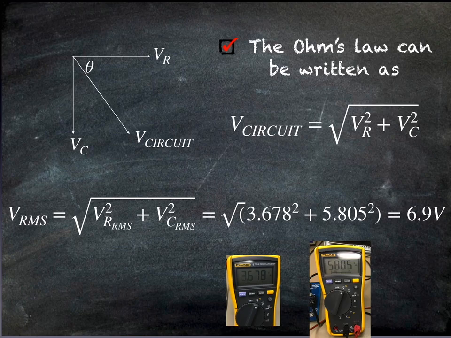VC is 5.8 volts, also in RMS, and the calculation of the summation under the square root gives about 6.9, which is indeed pretty close to the RMS of our circuit, which is 10 divided by the square root of 2, that is 7.1. There is a small difference between 6.9 and 7.1 volts, but this can be due to the instrumentation accuracy. This is the first step towards building a trust relationship between our measurements and theory.